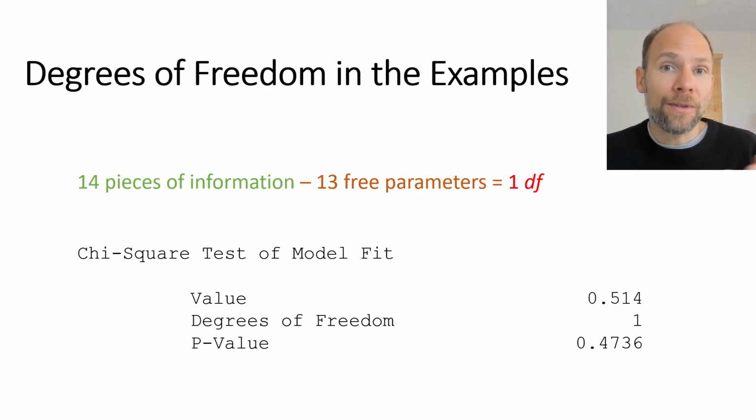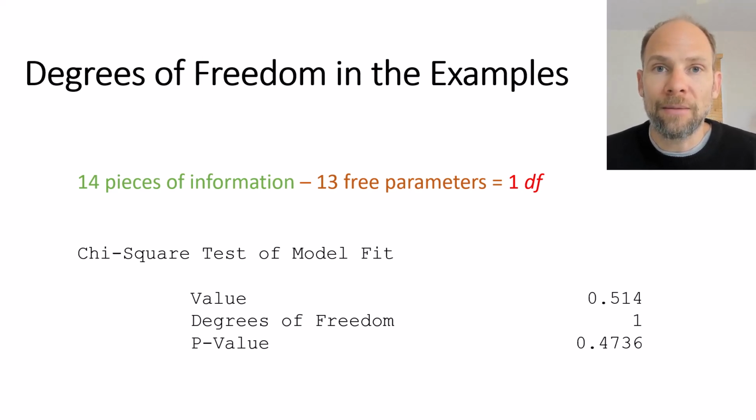A model with 0 degrees of freedom is called a saturated model. And I have a separate video, or more than one, I think, on saturated models here on this channel that you can check out. And saturated simply means that all the information in your data is being used to estimate parameters. Everything, so to say, is consumed. And then there are no testable restrictions in the model.